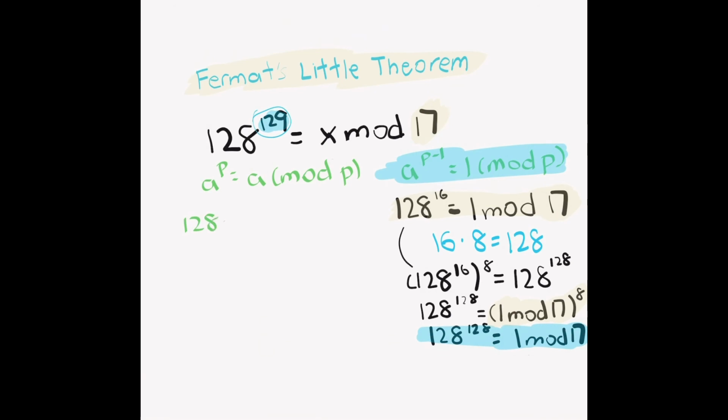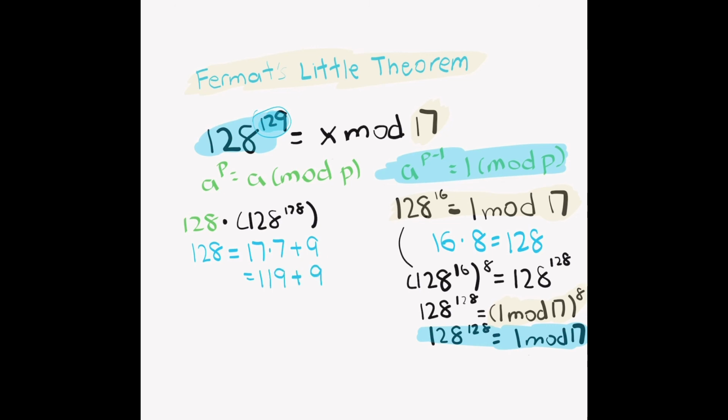So what we're looking for is 128 to the power of 129, which is 128 times 128 to the power of 128. We already know that 128 to the power of 128 equals 1 mod 17. So we need to look for what 128 equals. 128 equals 17 times 7 plus 9, or 119 plus 9.